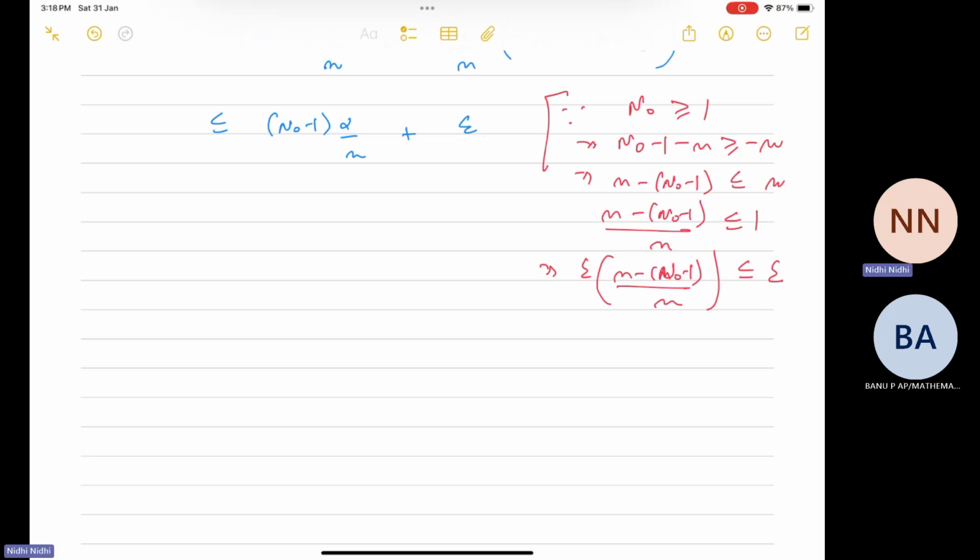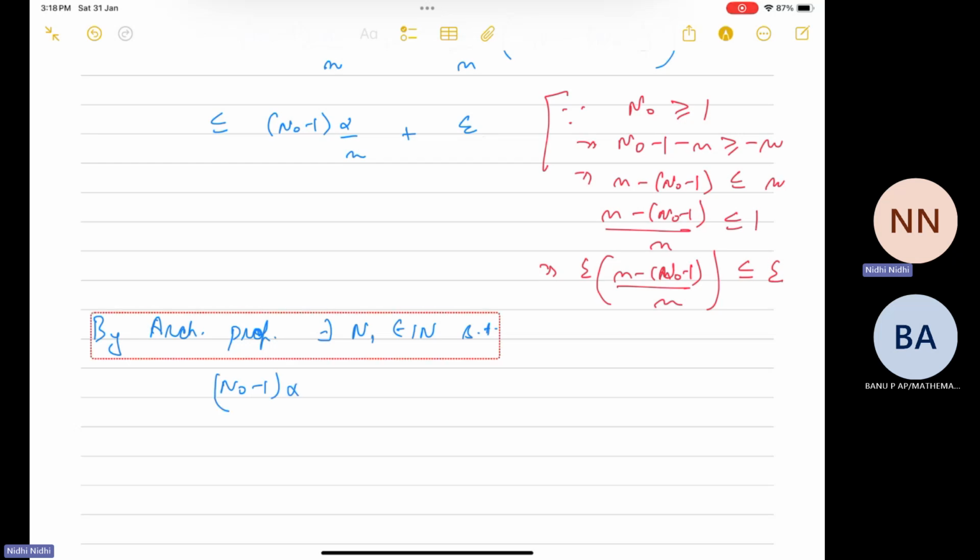Now by Archimedean property, we can find a natural number capital N1 such that this, which is just a real number, n naught minus 1 times alpha, will be strictly less than n epsilon by 2 for every n greater than or equal to n1.